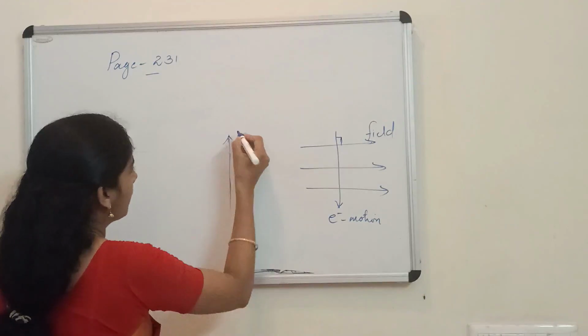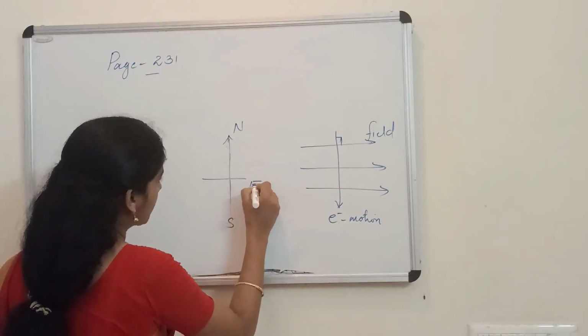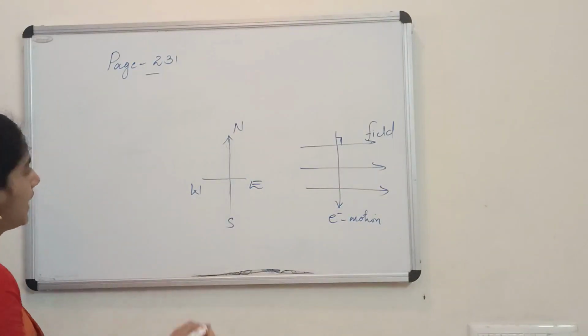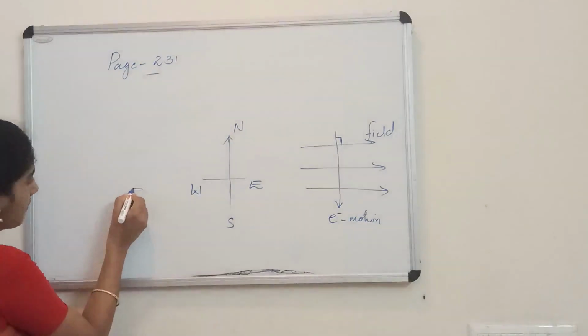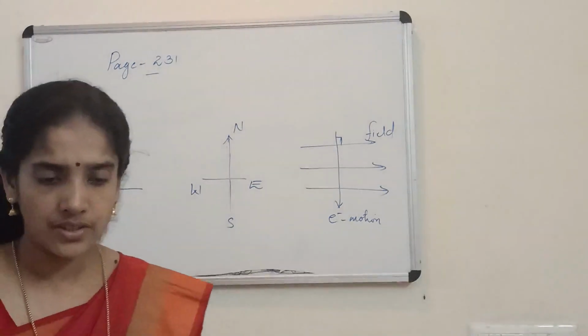I think all are familiar with this one. This is north, this is south, this is east, this is west. So the question says the positive particles are projected towards west, and then deflected towards north.